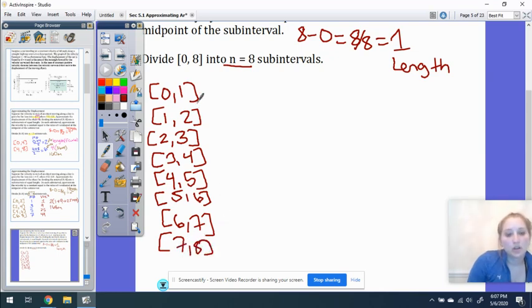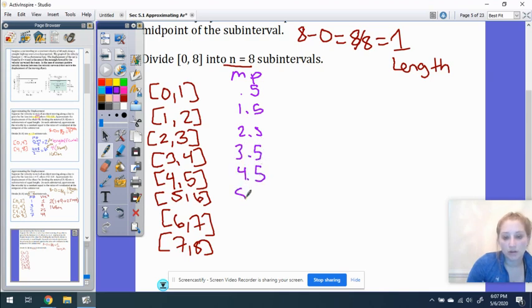Okay. And we're still dealing with midpoint again, so I'm going to go ahead and find the midpoint. So in this case, it's going to be 0.5, 1.5, 2.5, 3.5, 4.5, 5.5, 6.5, and 7.5. Okay, and then I'm going to substitute that in for my velocity as well.